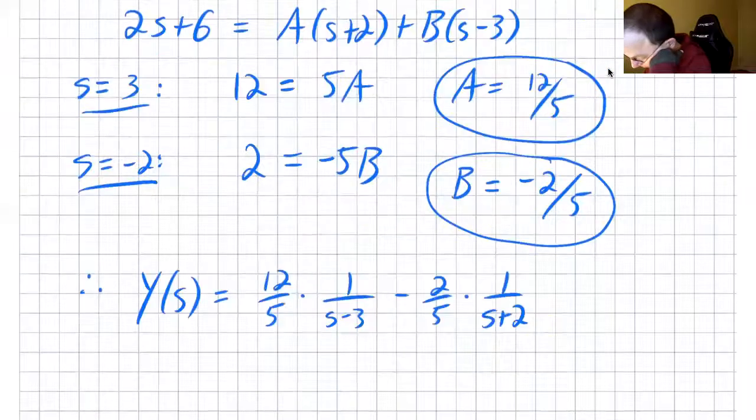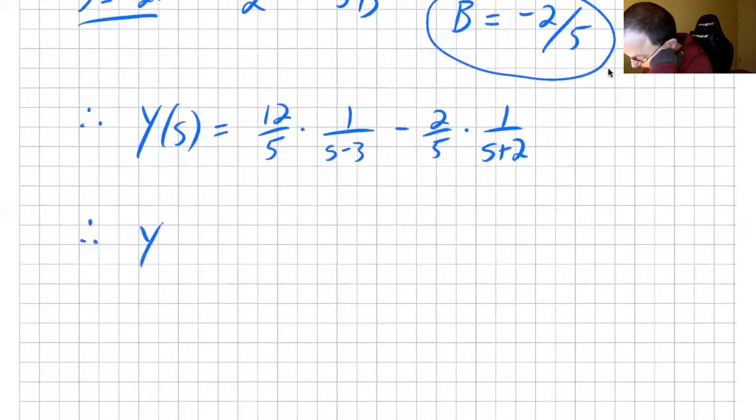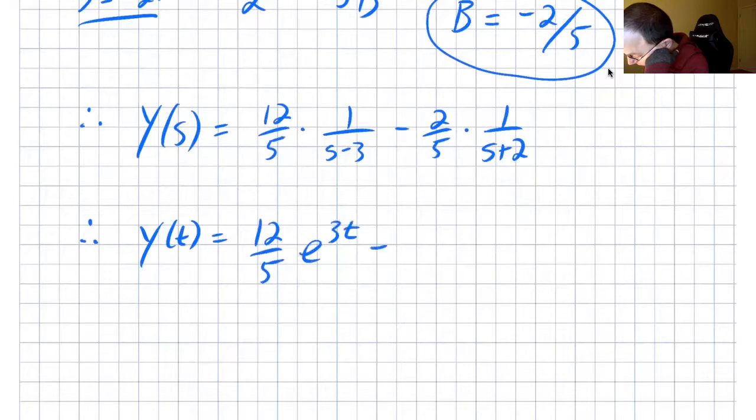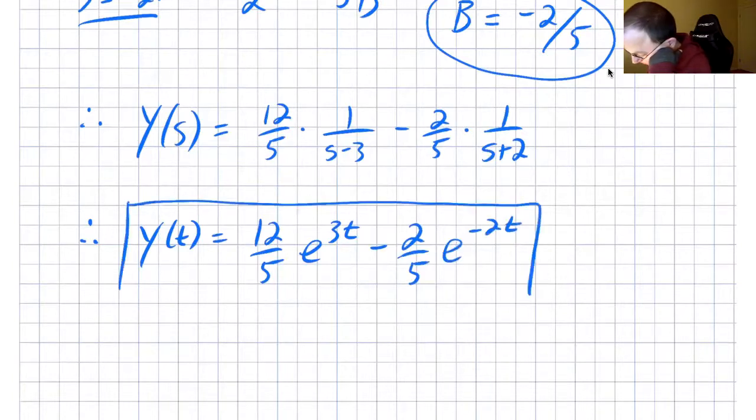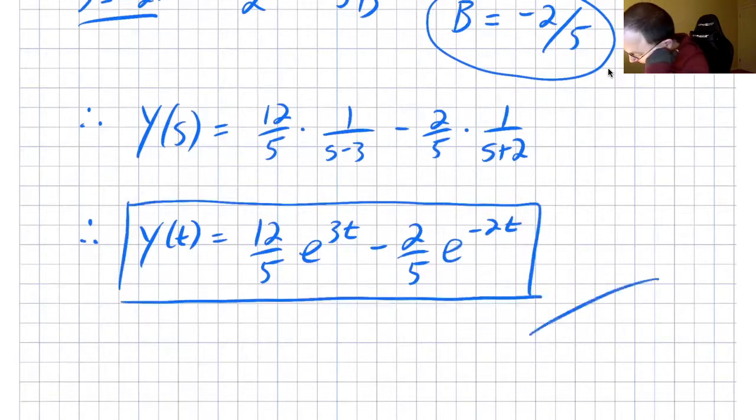And so therefore, y of t is equal to 12 fifths e to the 3t minus 2 fifths e to the negative 2t. All right. So that's it.